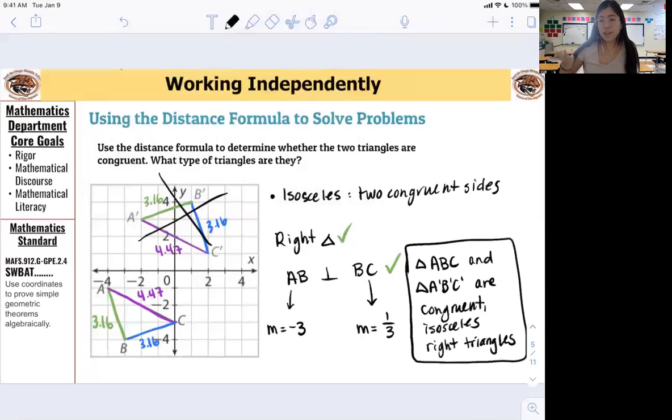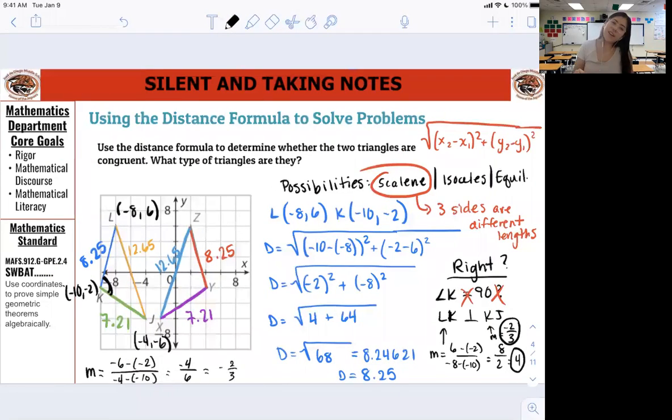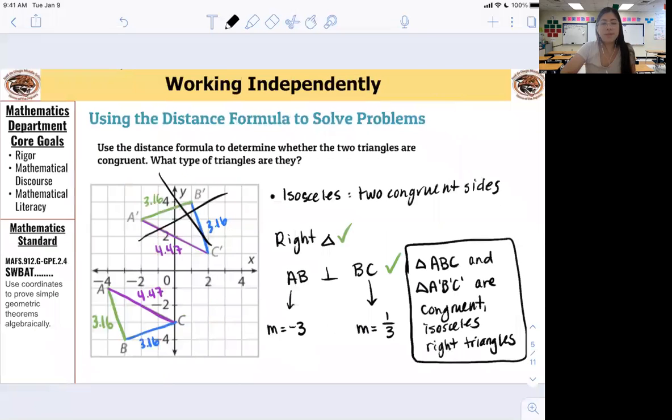And yes, Jalen, it looks like it's a 90-degree angle. Yes, but on a graph, especially when it's tilted that way, it's hard to know for sure. Like in this one, if you tilt your head, it looks like it could have also been 90 degrees. This was pretty close to 90 degrees. You always want to double check because you can't trust your eyes 100%.